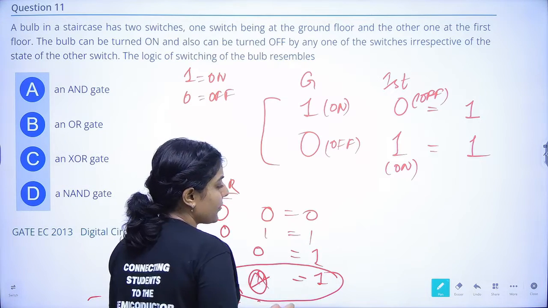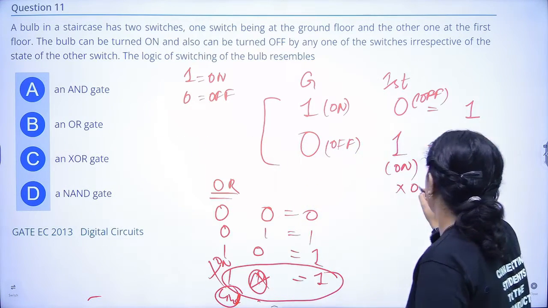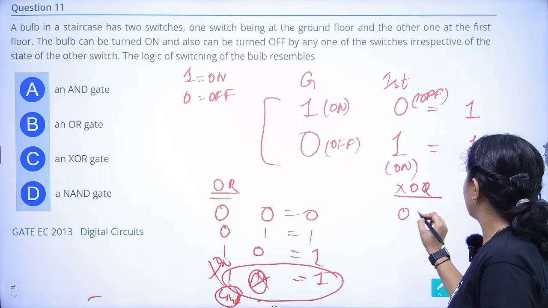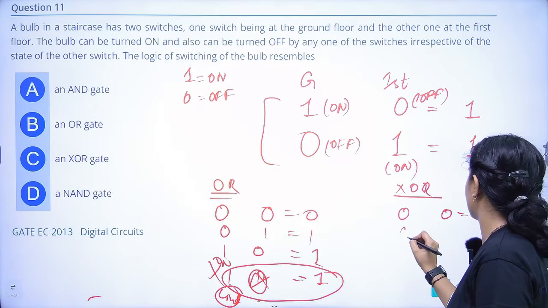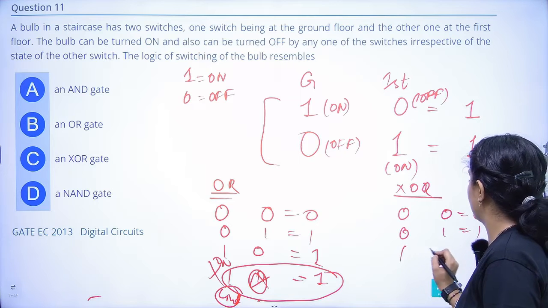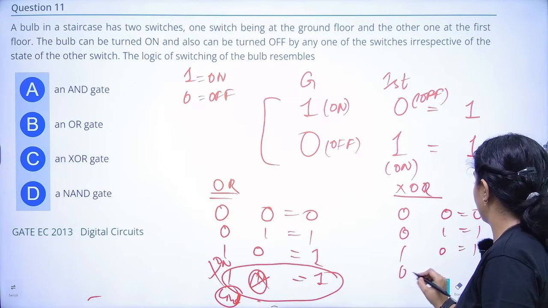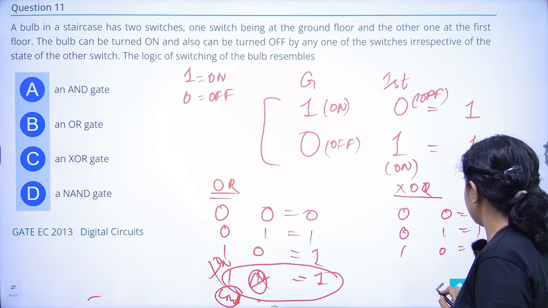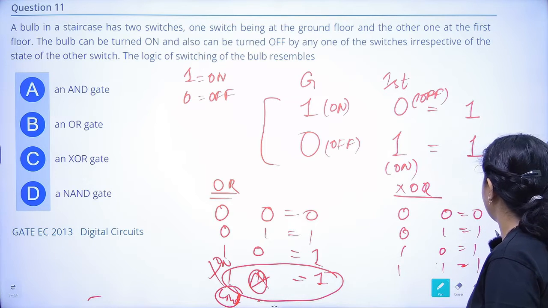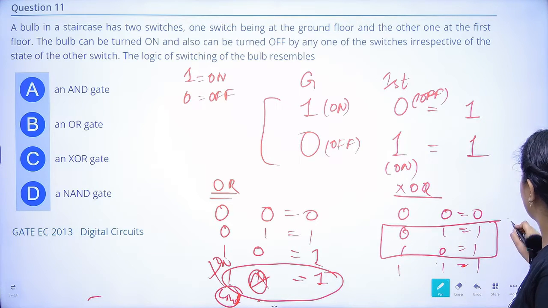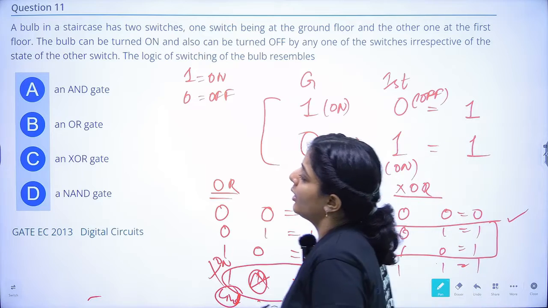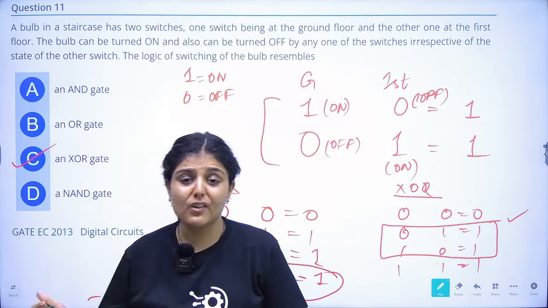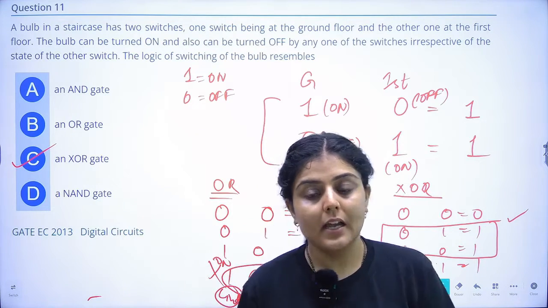So this is wrong. Now another gate is XOR. Now this is best. So XOR is the gate which we will be using for these kind of switching.